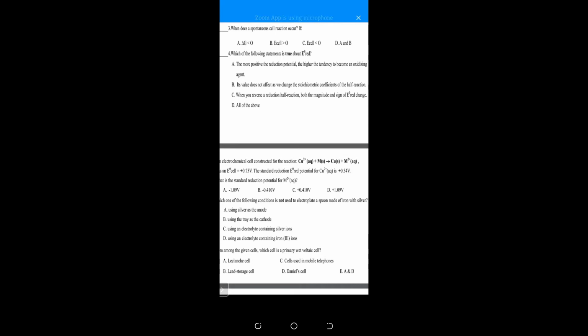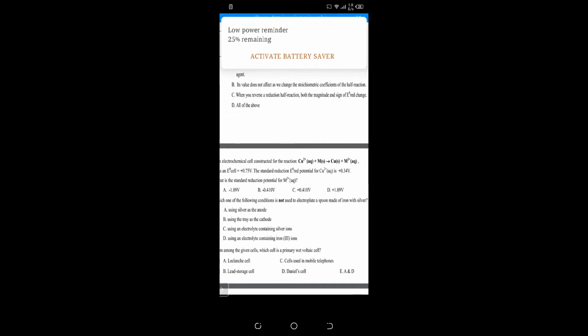C: when you reverse a reduction half reaction, both the magnitude and sign of the reduction potential change. When you reverse the reduction half reaction, only the sign is changed. The magnitude remains the same. A to A plus እና A plus to A ስንባል ምንድነው የሚሆነው?